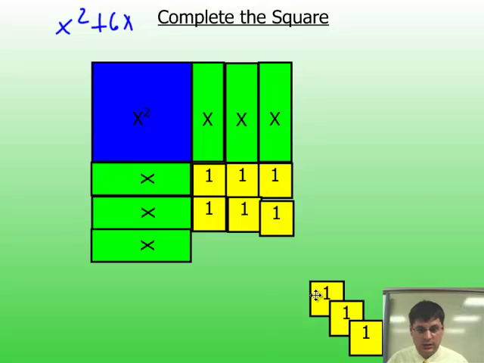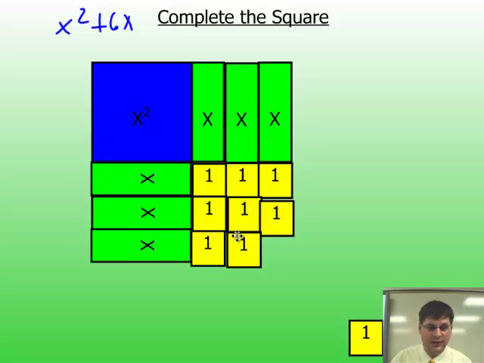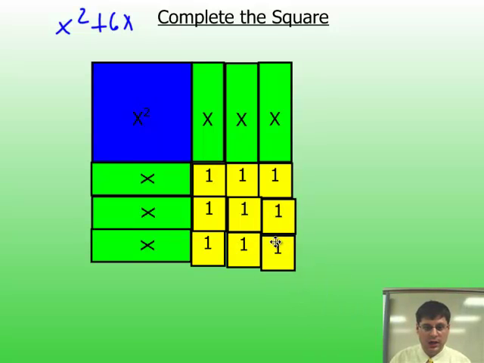That's 6, 7, 8, and 9, and that makes our square. More or less, not perfectly aligned, but you get the idea. So we've completed the square.